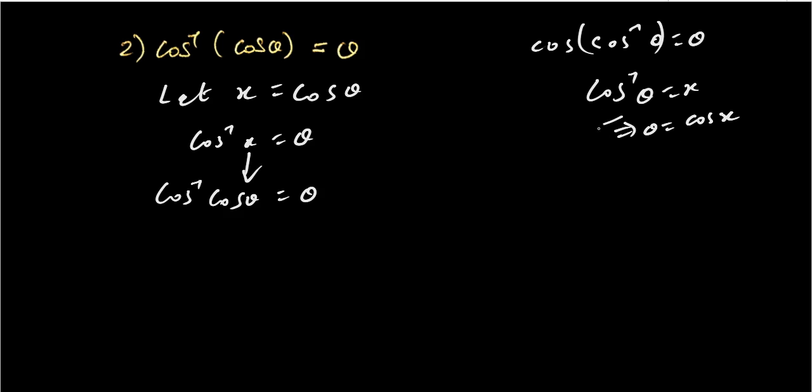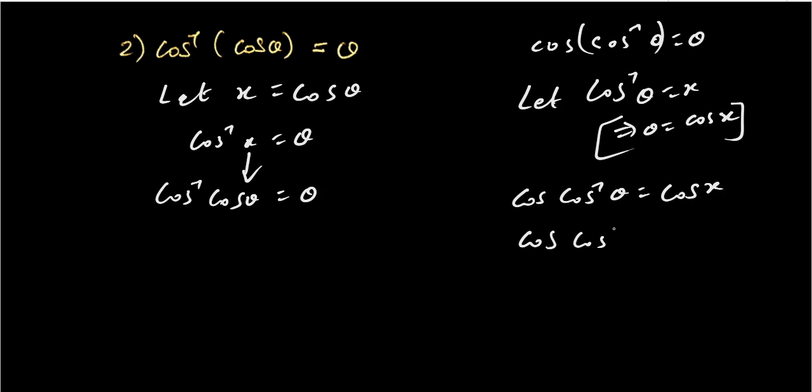So we are taking cos on both sides of this equation. It will become cos of cos inverse of theta equal to cos x. From this we arrived already at cos x equal to theta. So in place of cos x we can substitute theta, which implies that cos of cos inverse of theta equal to theta.